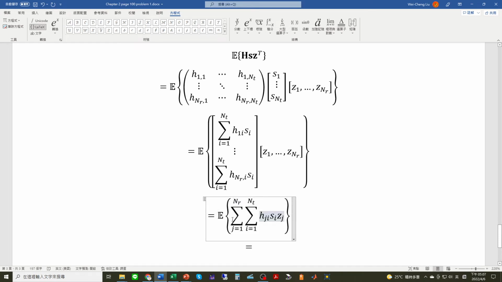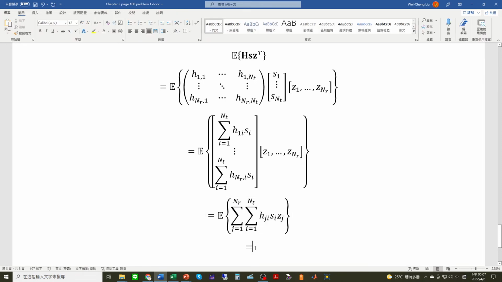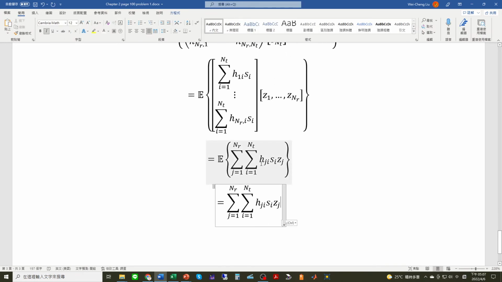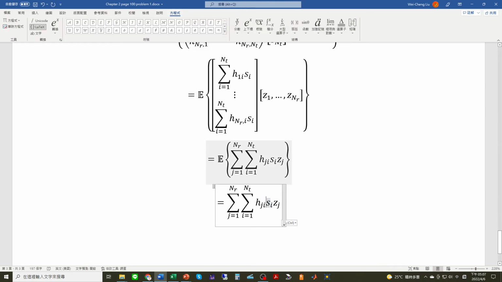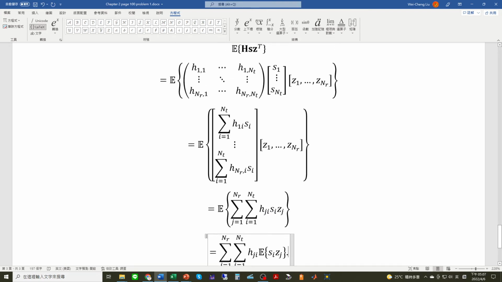Because the H_ji are constants, the expectation is taken on the term S_i times Z_j.